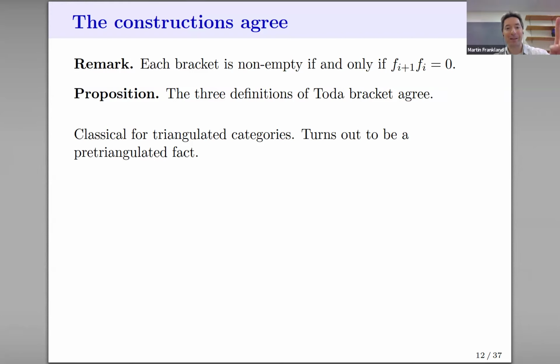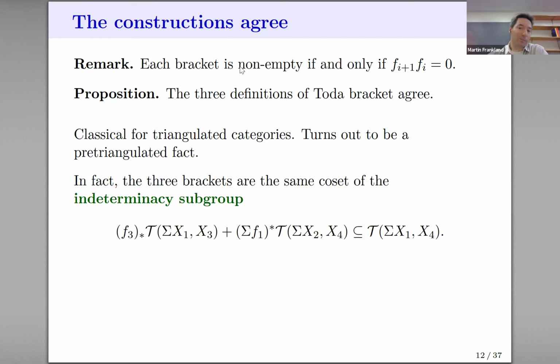So first tidbit that's interesting already for n equals 3. This classical fact about Toda brackets having equivalent constructions is actually a pre-triangulated fact. And one way to see this, and now that proof is in our paper, is by going through the explicit calculation that it just turns out to be a coset of the indeterminacy subgroup. The indeterminacy arises because of the choices.